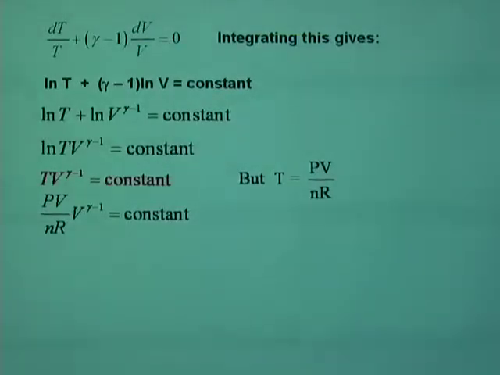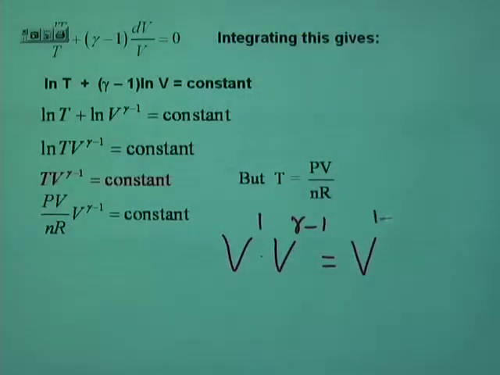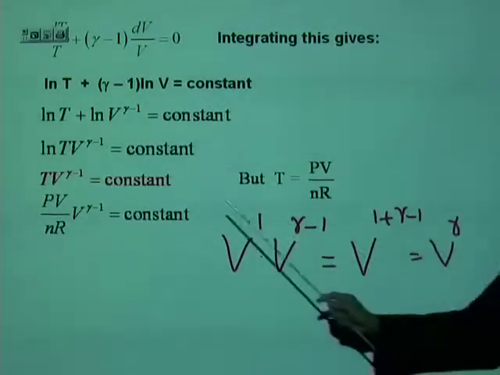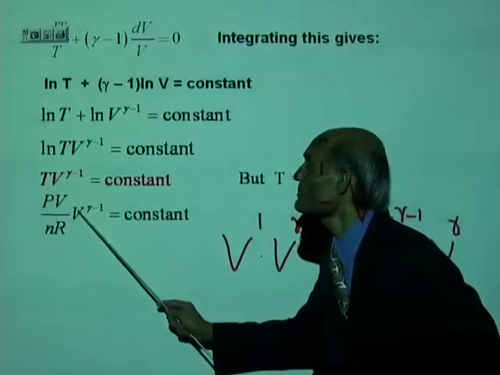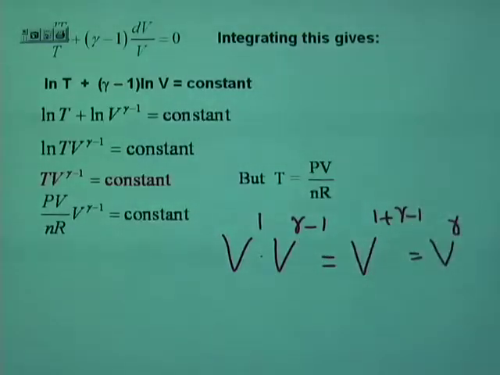Well, I know some of you will have no problem doing this. V means V to the power of 1 times V to the power of gamma minus 1, which is V to the power of 1 plus gamma minus 1, the same as V to the power of gamma. So V times V to the power of gamma minus 1 is V to the power of gamma.